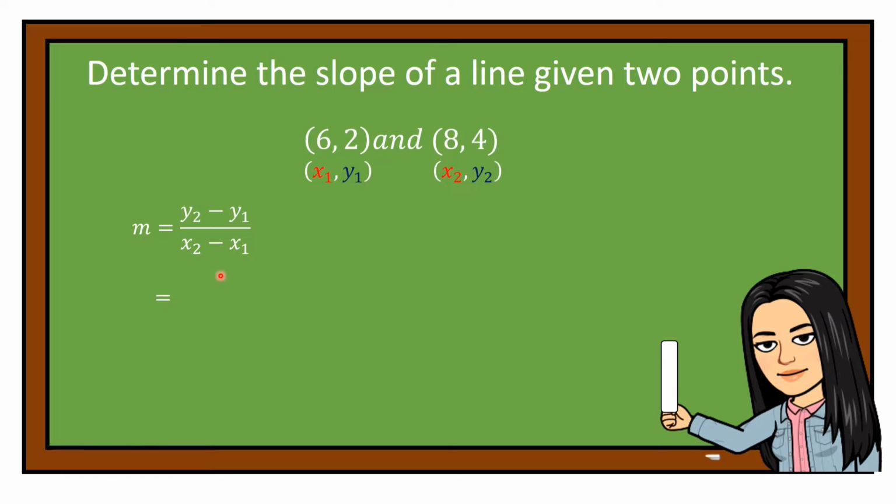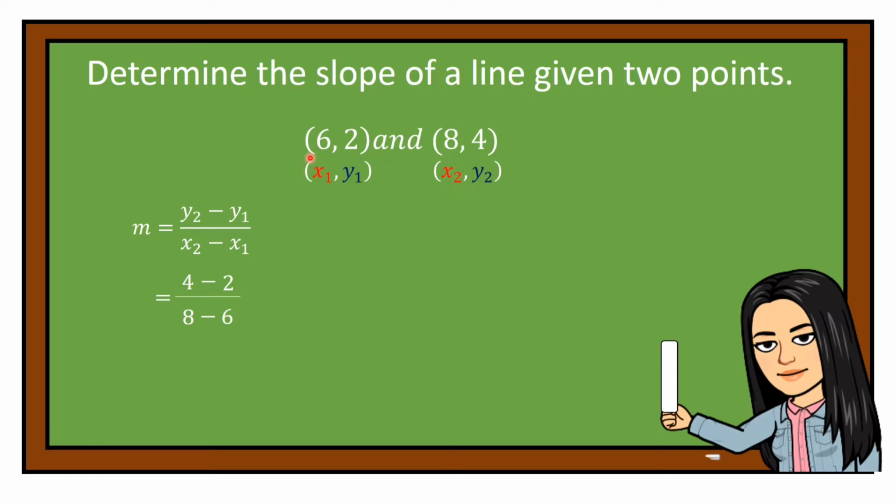So that would be equal to y sub 2 is equal to 4 minus our y sub 1 is 2 over ang x sub 2 naman natin ay 8 minus ang x sub 1 is 6.